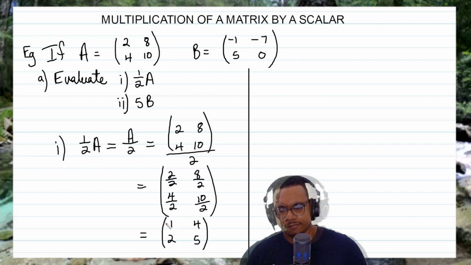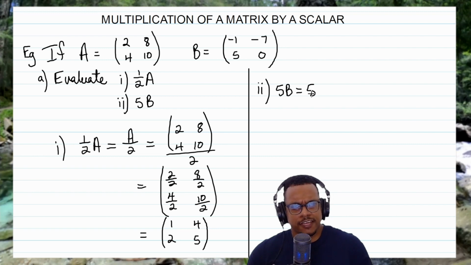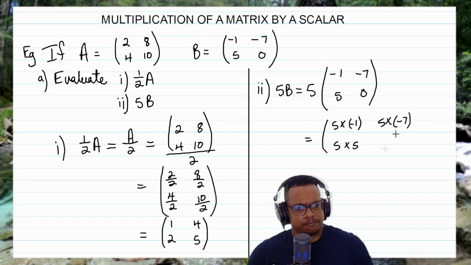So 2 over 2 is 1, 4 over 2 is 2, 8 over 2 is 4, and 10 over 2 is 5. Now we look at 5 times B. So 5 times B is equal to 5 multiplied by the matrix B, which is negative 1, 5, negative 7, and 0. So I'll be taking this 5 and multiplying by each number in the matrix. So I have 5 times negative 1, 5 times 5, 5 times negative 7, and 5 times 0.